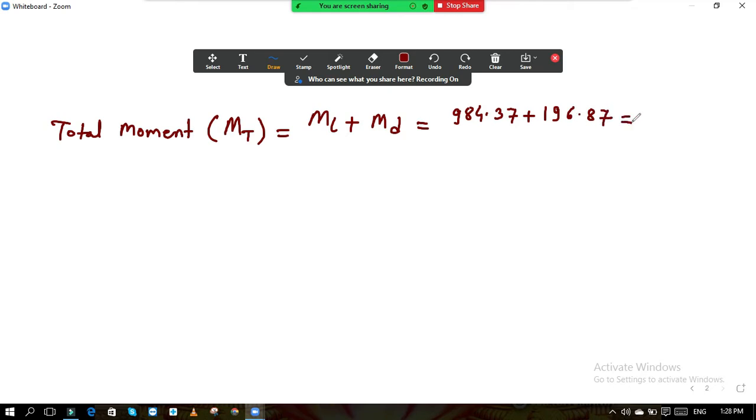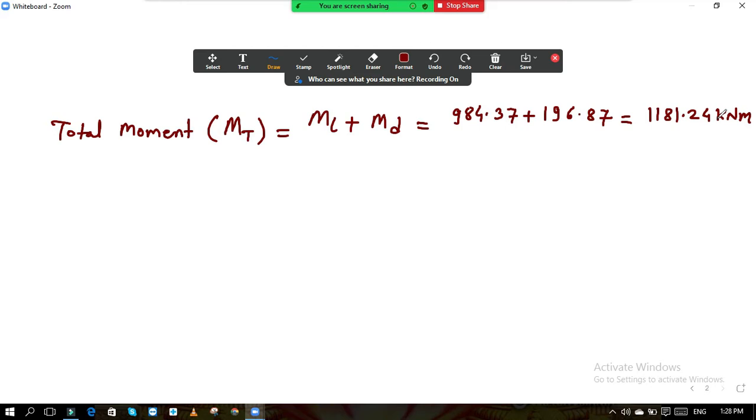So the total moment is 1181.24 kilonewton meter. So this is the total bending moment.